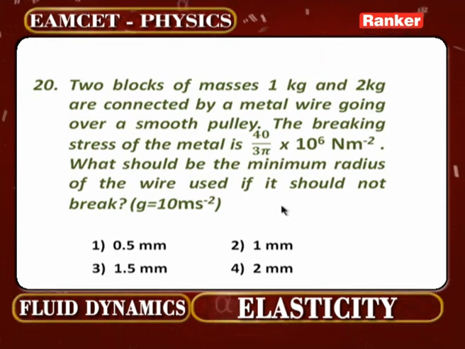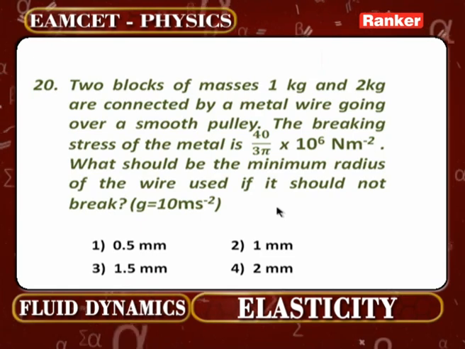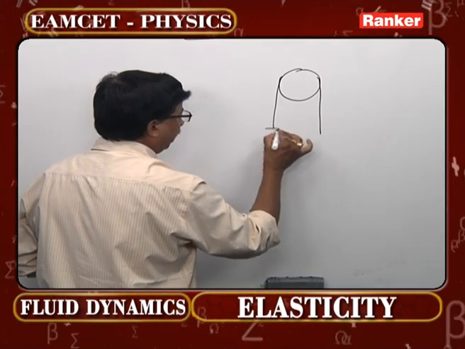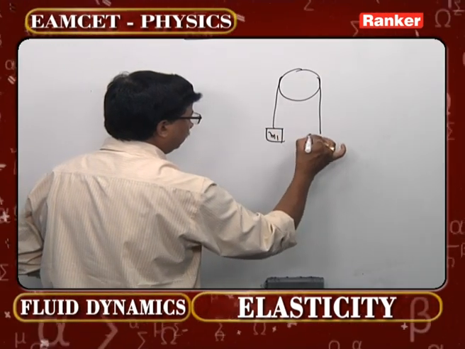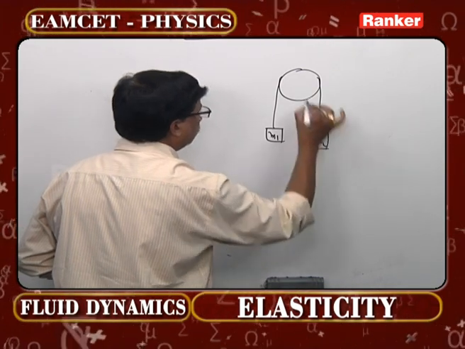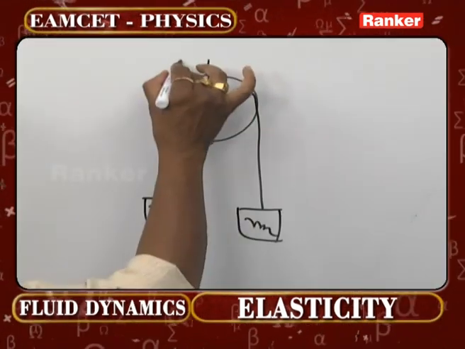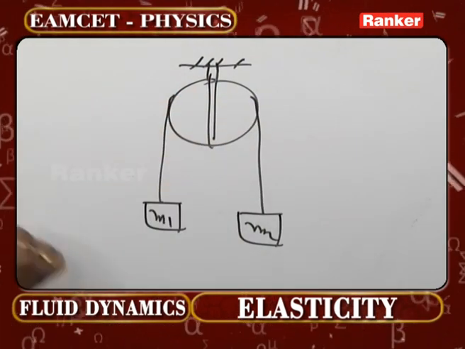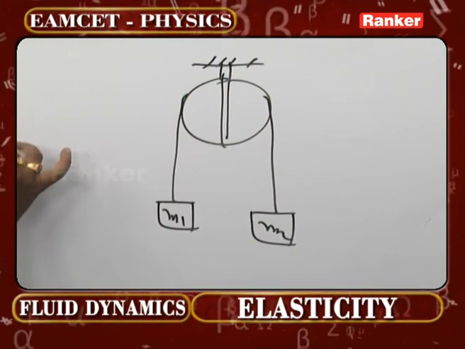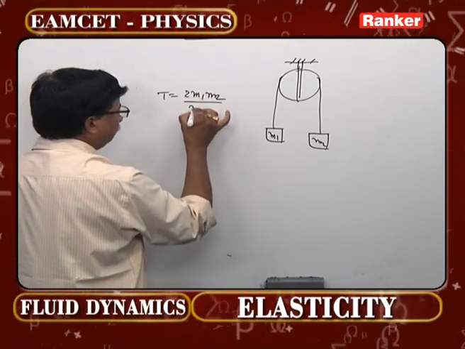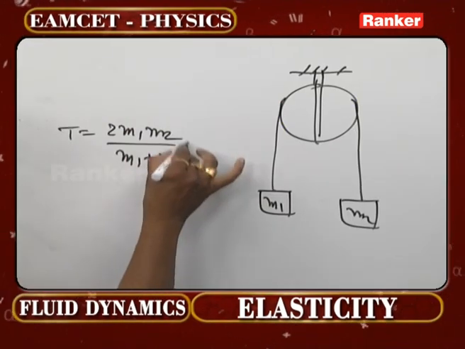In fact, we know when two bodies are attached to the ends of a particular wire taken over a pulley like this, if this is M1 and this is M2, what is going to be the tension in this pulley? First of all, T is equal to 2 M1 M2 by M1 plus M2 into G.